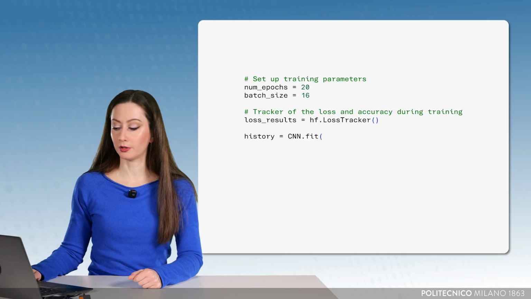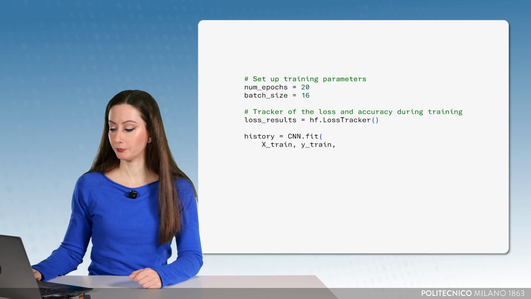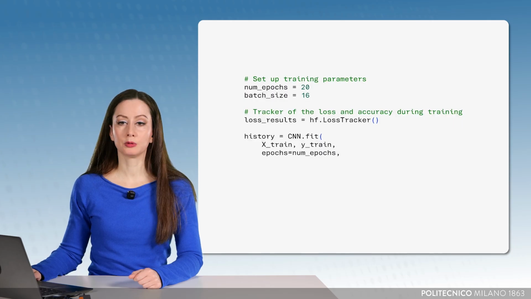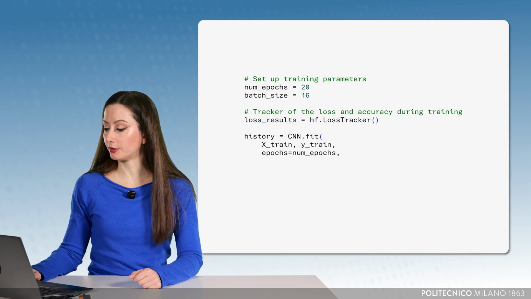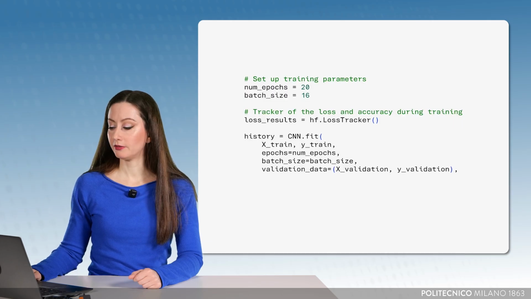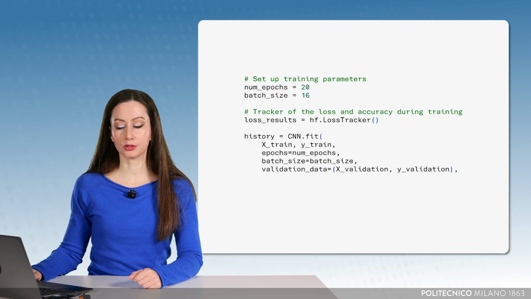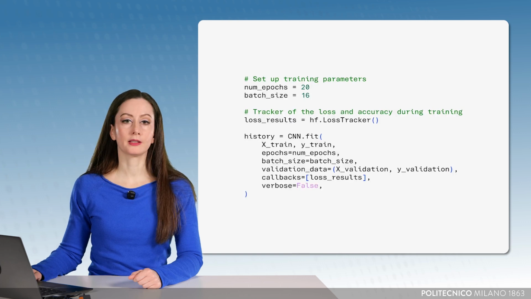Its arguments are the training data that consists of images in XTrain and labels in YTrain, the maximum number of epochs for the optimizer, the batch size, the validation data, again containing images in X validation and labels in Y validation, the tracker, and the flag that limits the amount of printed information.